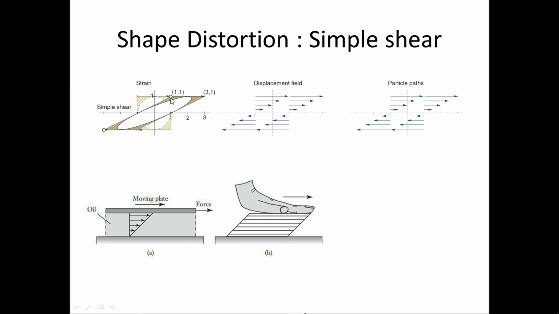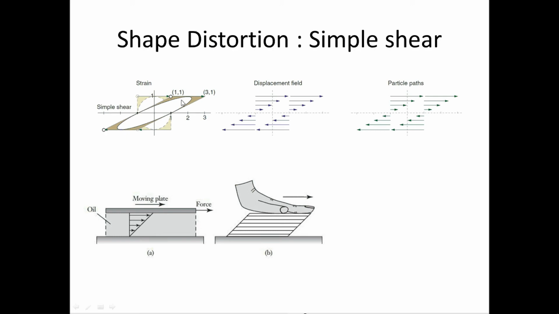This was a square, and in the light shaded region you can see a square, and within this square you have an inscribed circle. When you apply a force like this, parallel to this x-axis here, the body will deform in this manner.